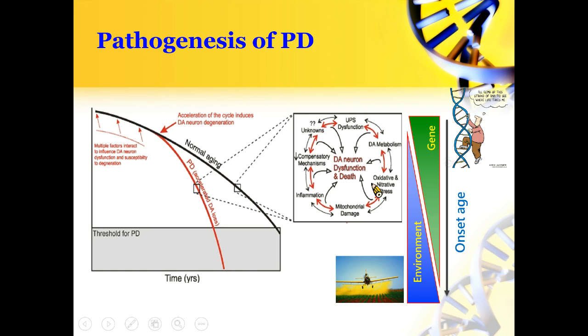Those mechanisms result in accelerating the age-related neurodegeneration. The PD phenotype appears when the dopamine neuron loss reaches the threshold. The more influence of genetic factors contributes to younger onset age of PD patients.